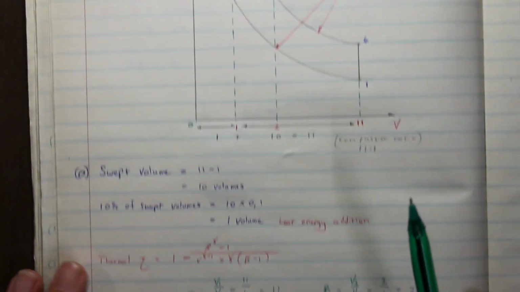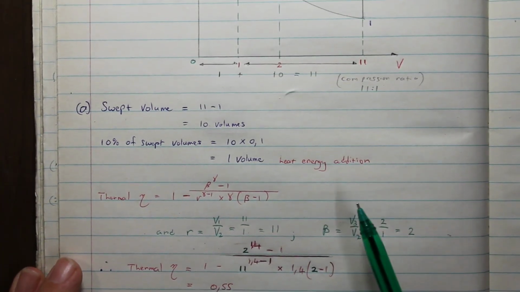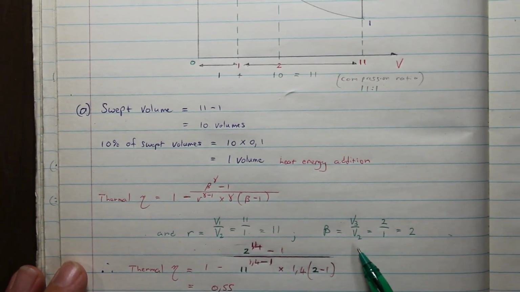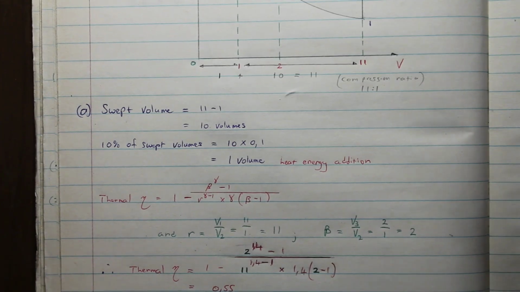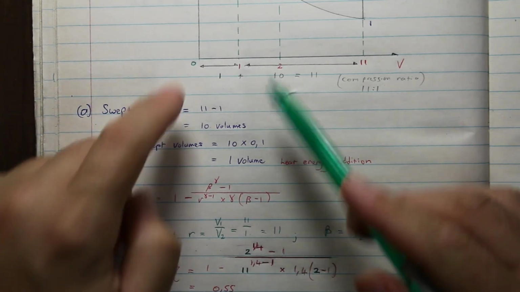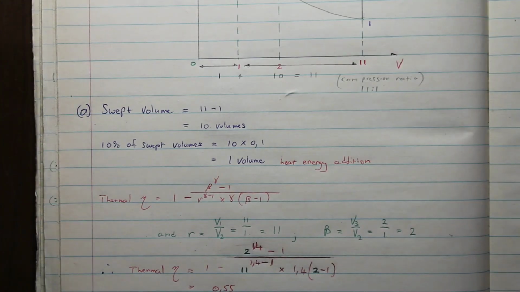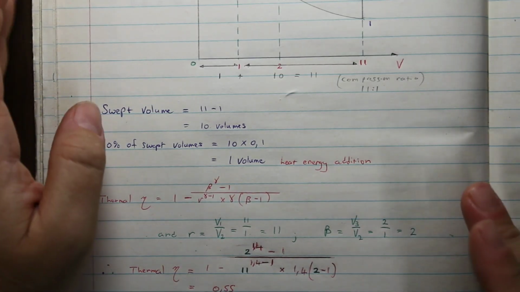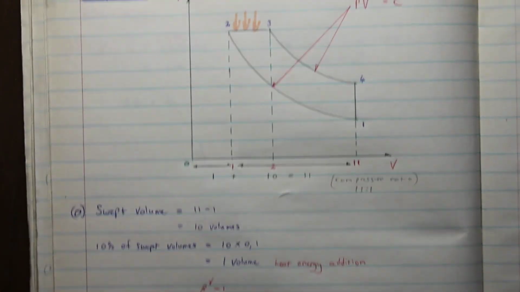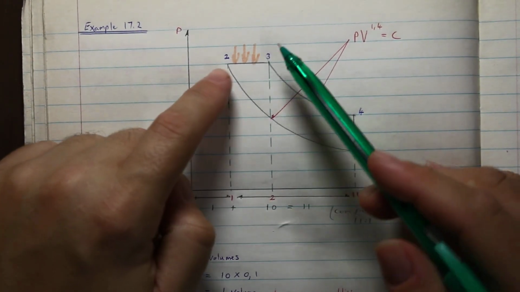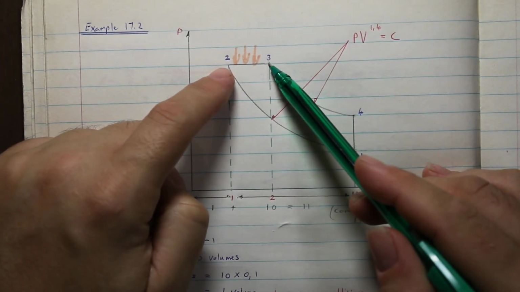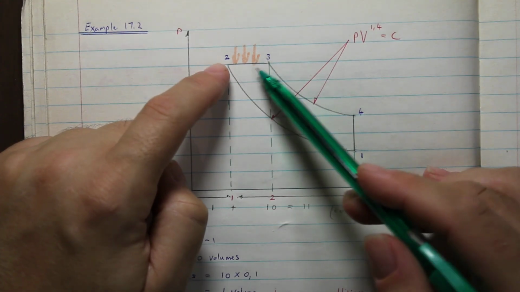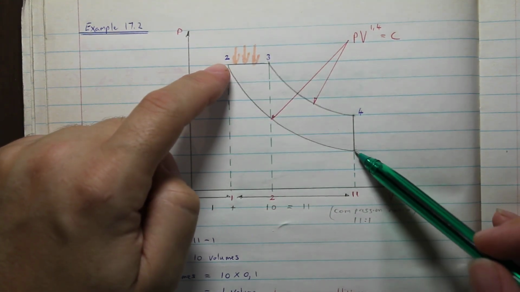So we need to know that. Beta is just V3 over V2. We know what V2 is: V2 is one volume. And now what is V3? How we get that is, we were told that the constant pressure heat addition was for 10% of the stroke.